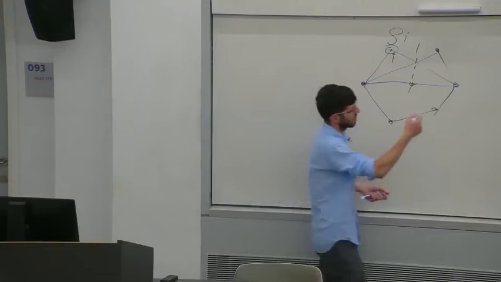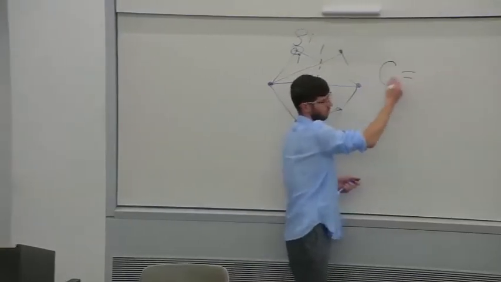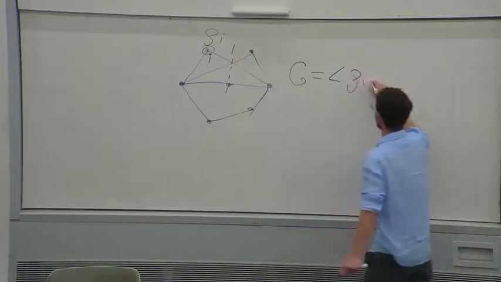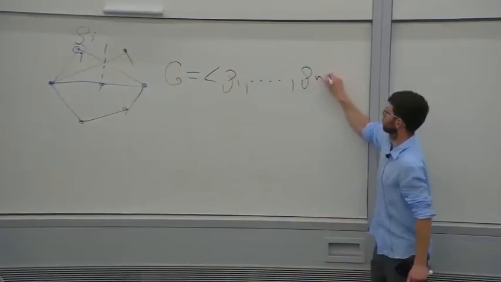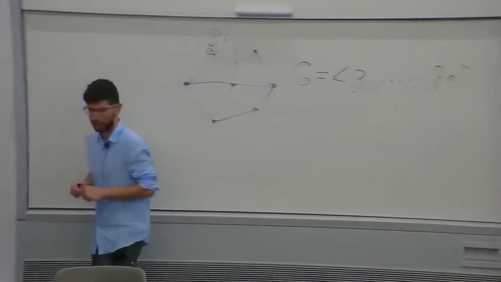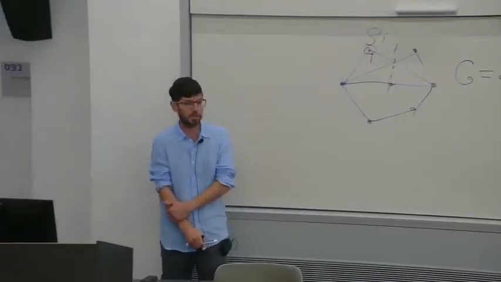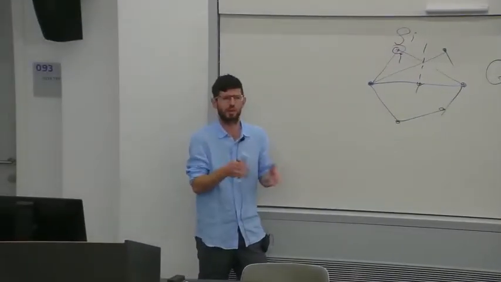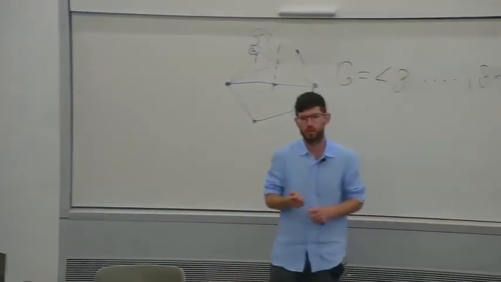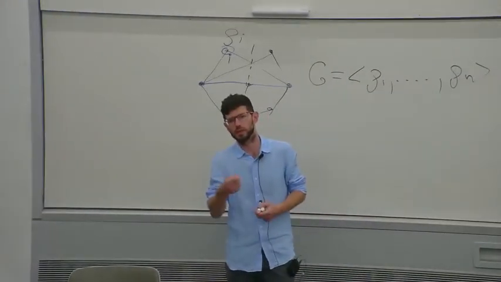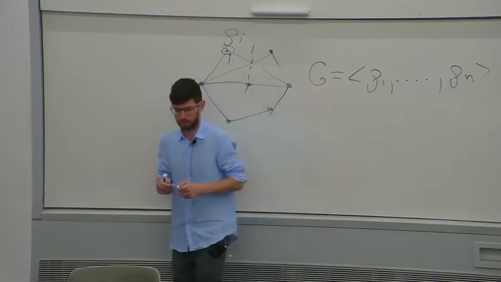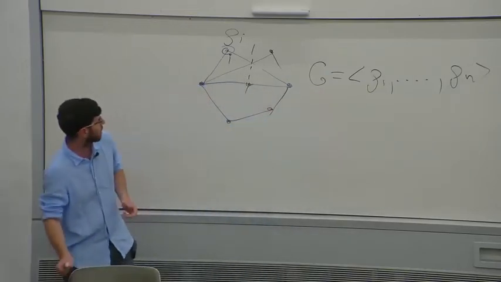In other words, we consider the group G generated by these recuttings. If we have n vertices, it's the group generated by recuttings rho 1 to rho n. And that's our dynamical system. It's not quite a dynamical system from the conventional point of view. There's no single map that we take and iterate, but instead we have a whole group action.